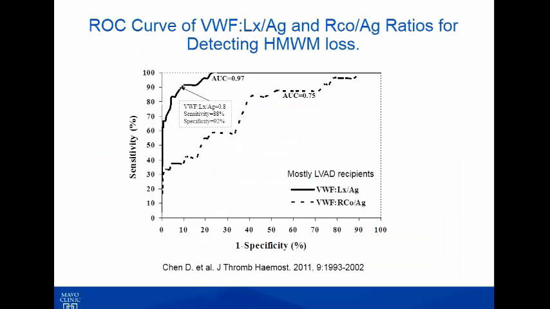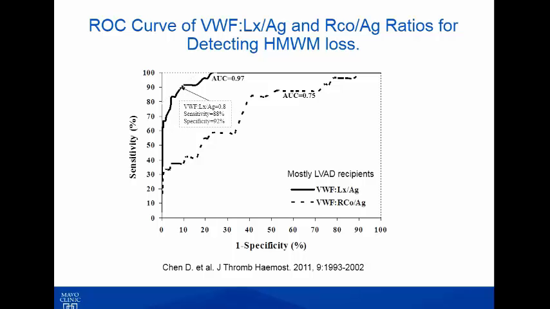And because of that, we recruited mainly LVAD patients and did an ROC analysis using a newer VWF activity assay and antigen as our screen. In this ROC analysis, we found that if we use latex activity over antigen ratio at 0.8, we have about 90% sensitivity and 90% specificity for detecting possible multimer loss in that patient population.